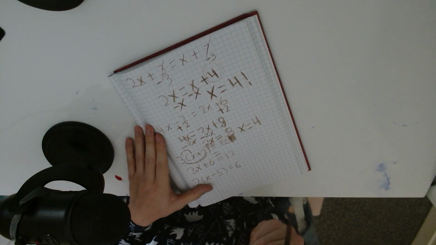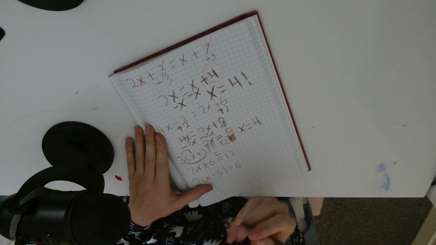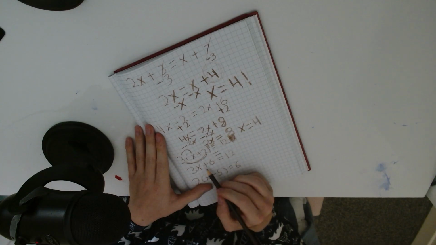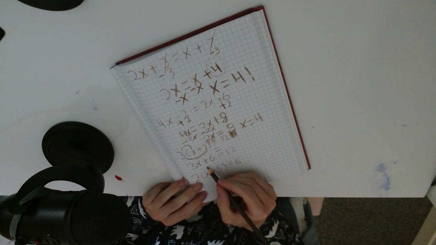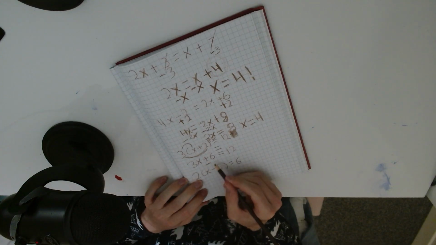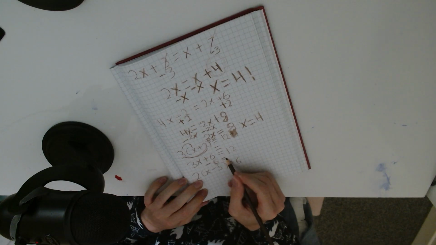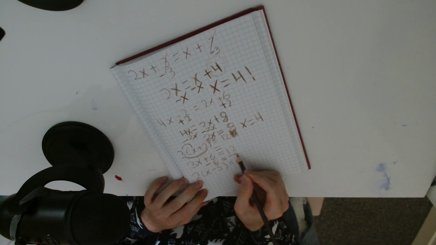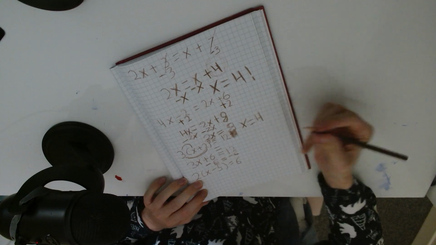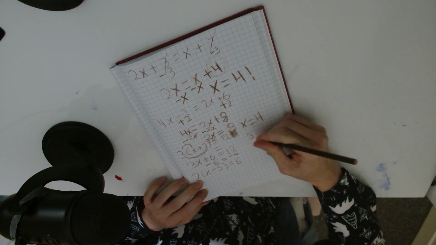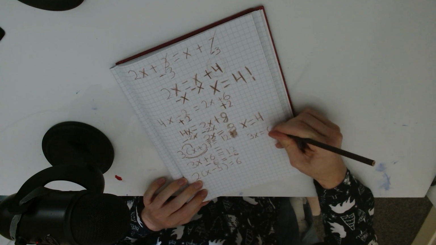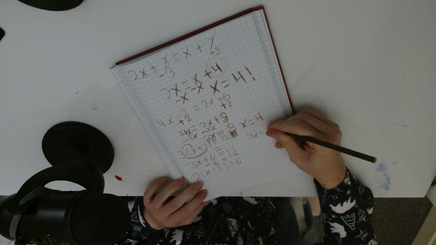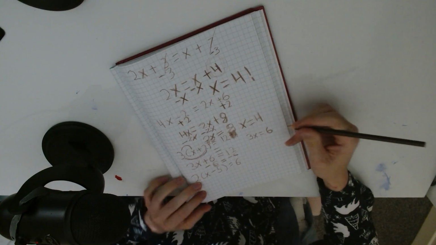So we're gonna take 6 away from both sides to leave us 3x equals 6.